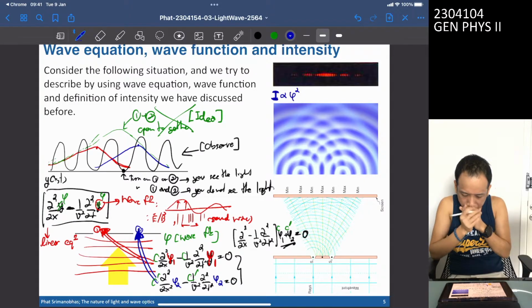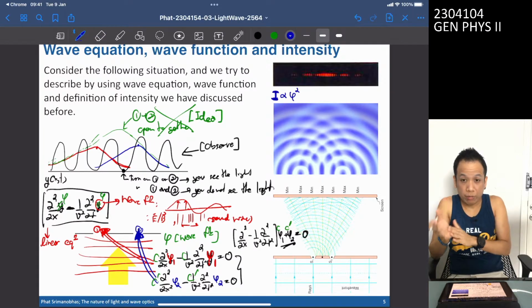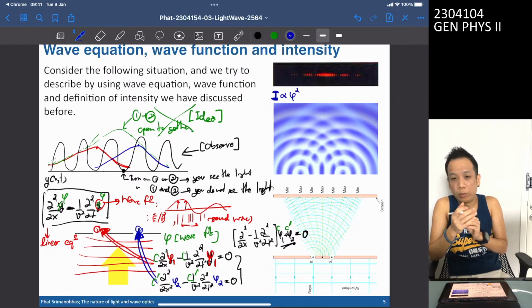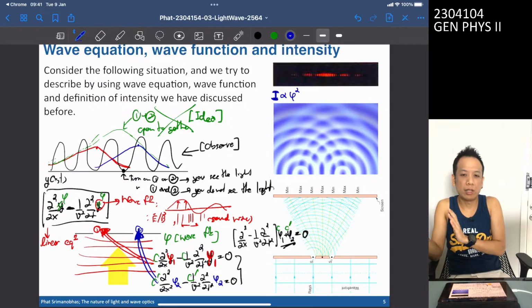So it depends on the wave function squared. The wave function itself, we never say needs to be positive. It can be negative. It can even be a complex number, as you're going to see in the quantum class lectures. So it can be anything.